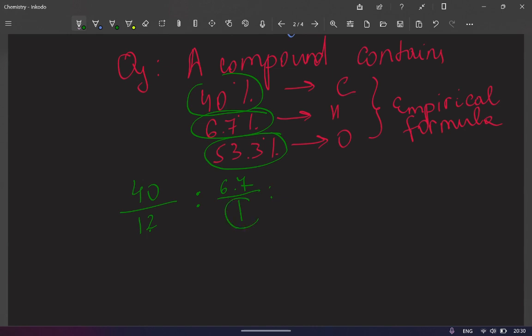Pay attention that in case of hydrogen, I'm not dividing by 2, although the formula of hydrogen is H2. I'm dividing it by 1 because we need to divide by atomic mass when finding an empirical formula. And this is the same for oxygen. I'm going to divide it by 16 and not 32.